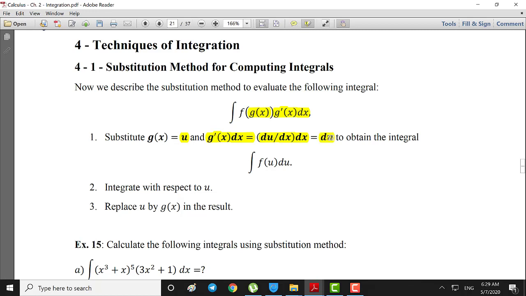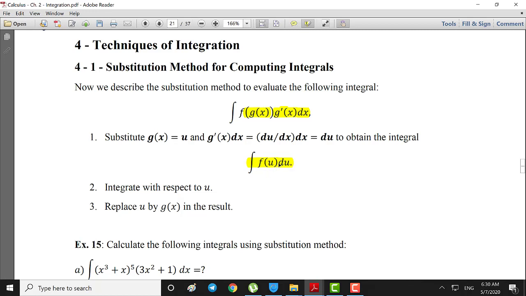So what does this mean? This means that the integral that you have is going to be integration of f of u du, right? By changing g of x to u, our integral here is going to turn into integration of f of u du.